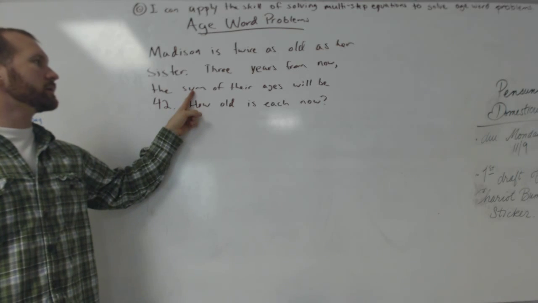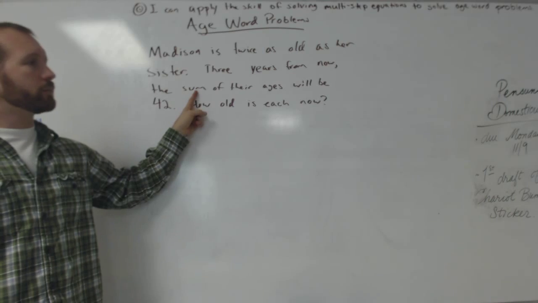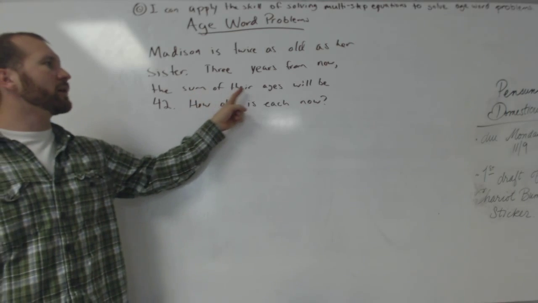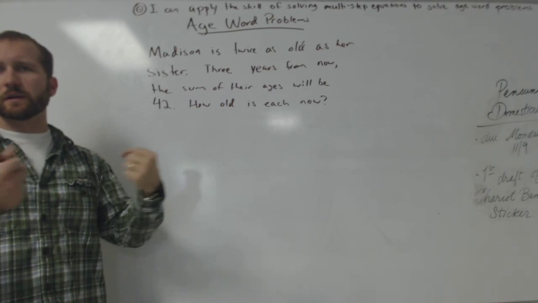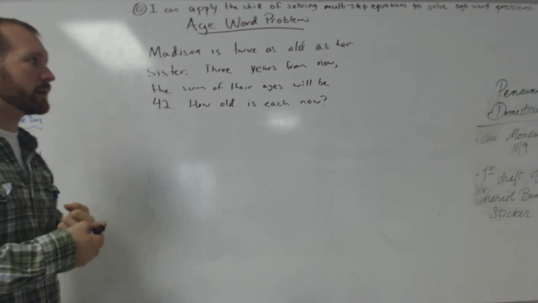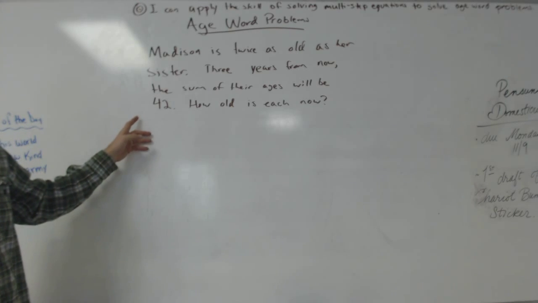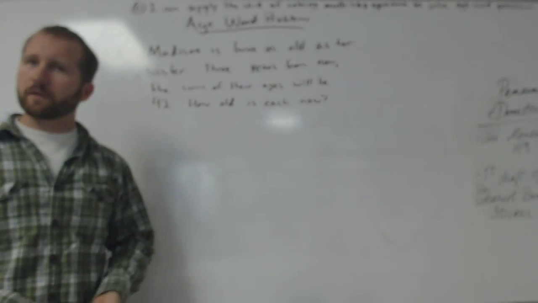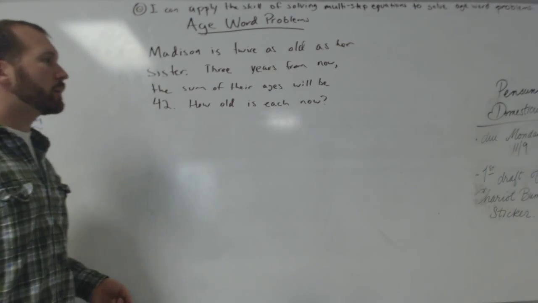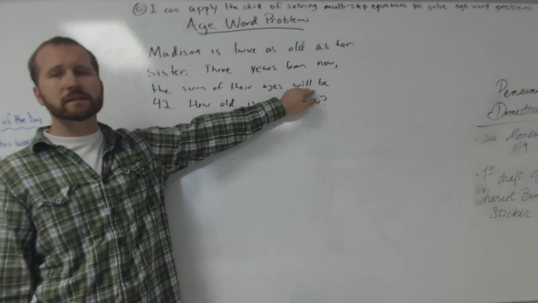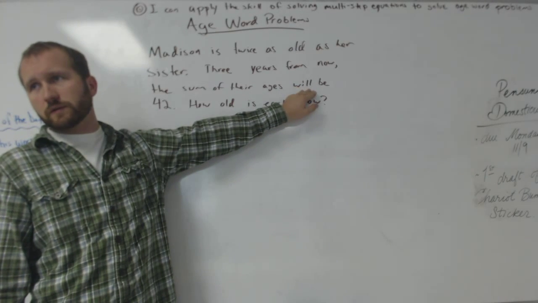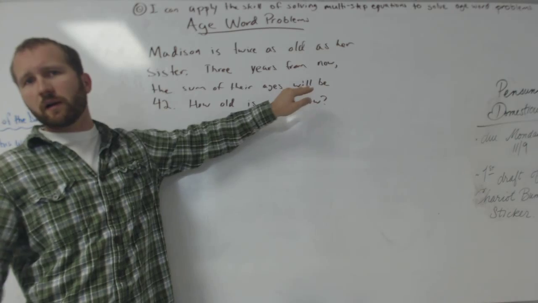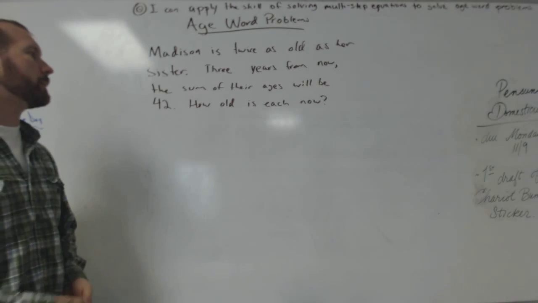Sum is 2 things added together, right? So the sum of their ages would be the 2 ages combined, added together. What do you think is in math? Equals. Remember we talked about any form of is going to be equals. Is, was, will be, are, those are all equals. Okay.